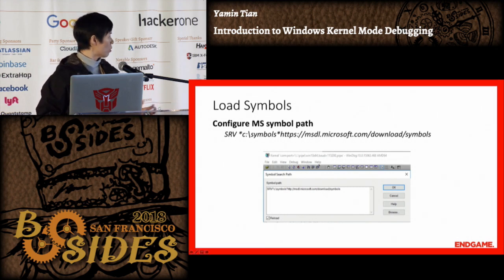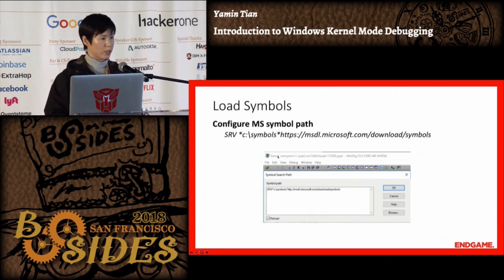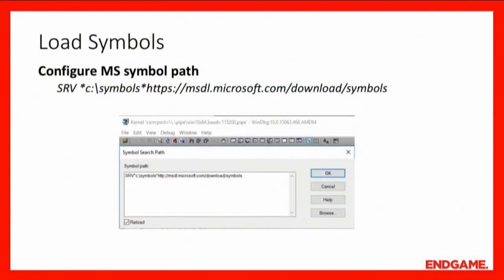Here I just go over quickly how to configure the symbols. Basically, you paste the symbol string into the Windbg symbol path window. Copy paste into it, then check reload on the lower left corner, and then click OK.